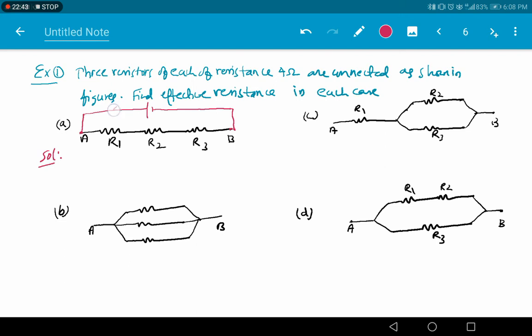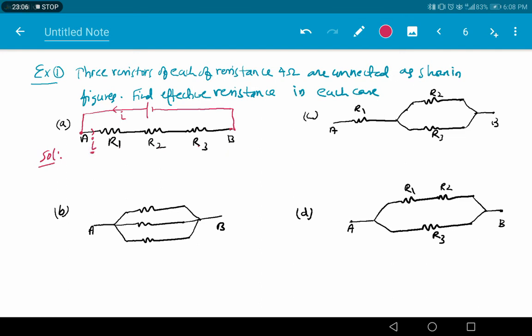Now when we close the key, current I passes. When current I reaches point A, the same current flows in R1, R2, R3, because there is no chance of splitting. The current never splits here because there is only one path.